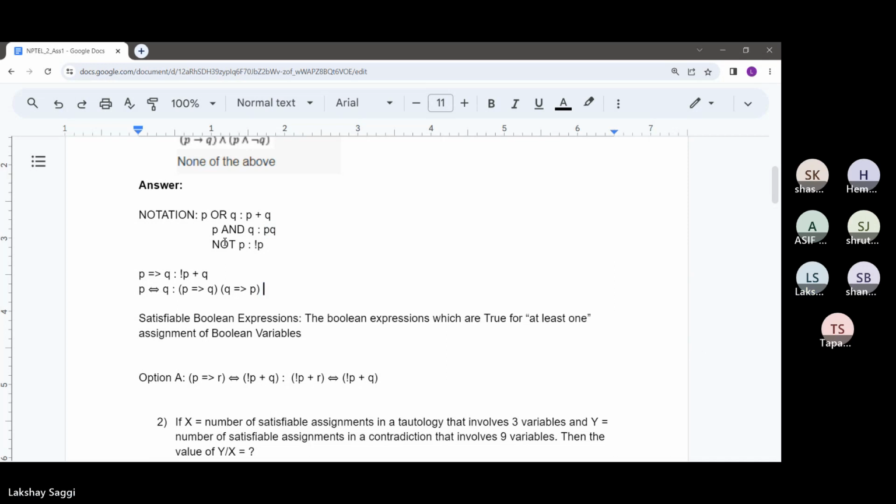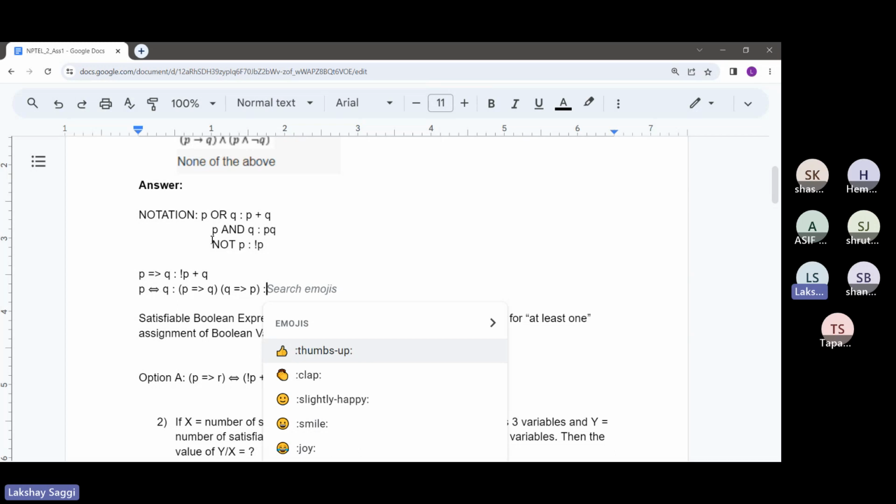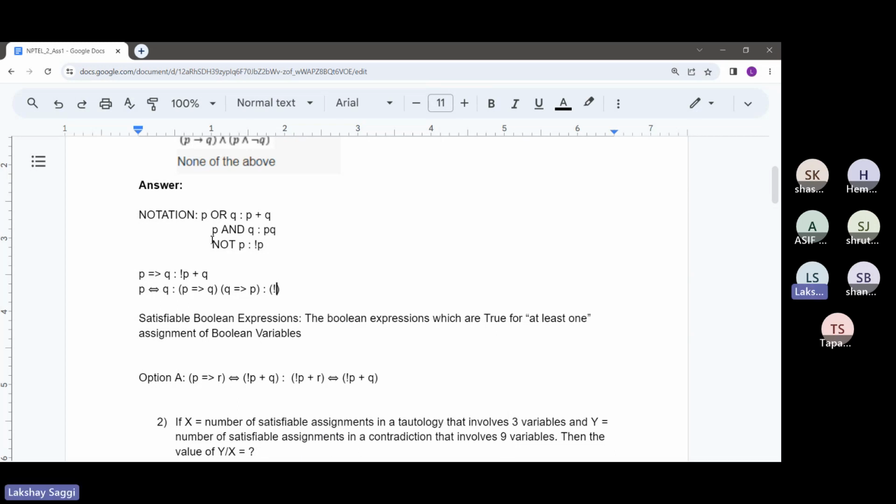Resolving this P implies Q as not P plus Q, and similarly writing Q implies P as not Q plus P, this is something which we get, and this further resolves to. Maybe I should use some arrow here, right?